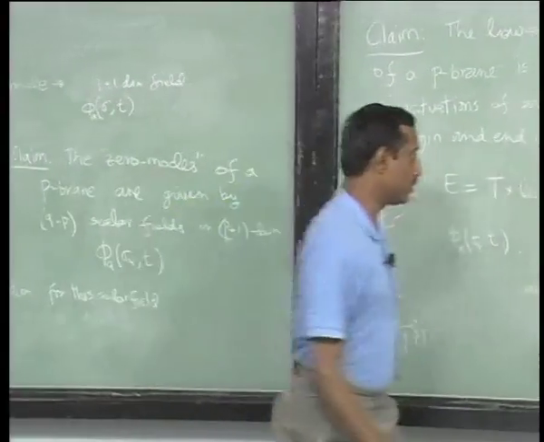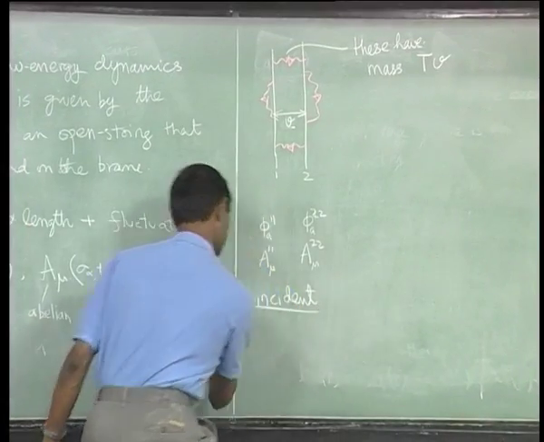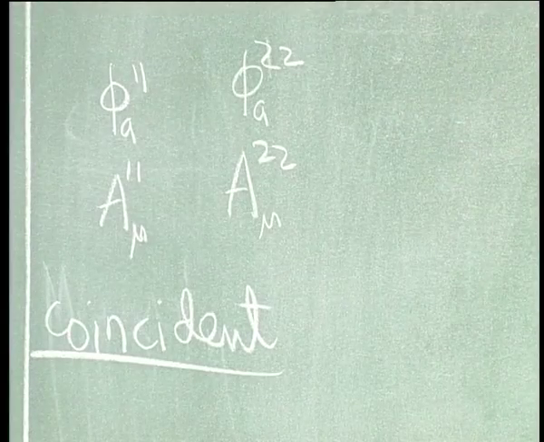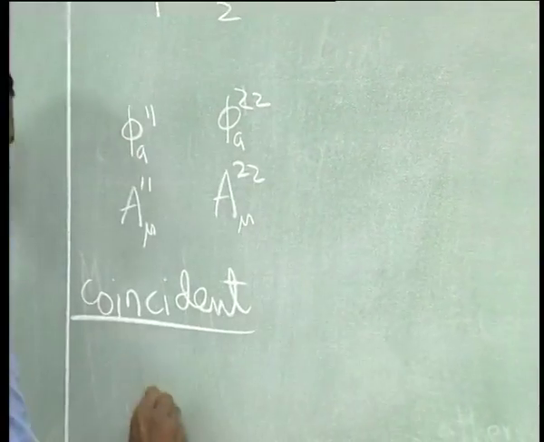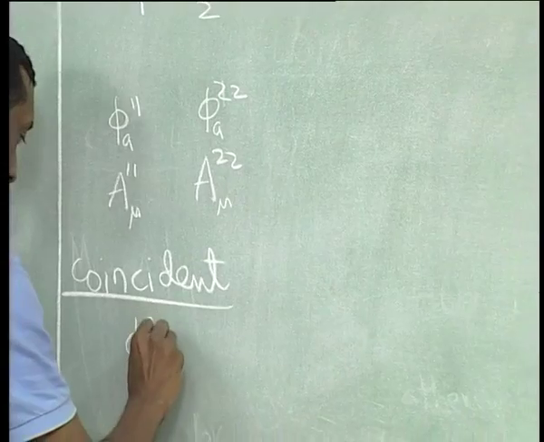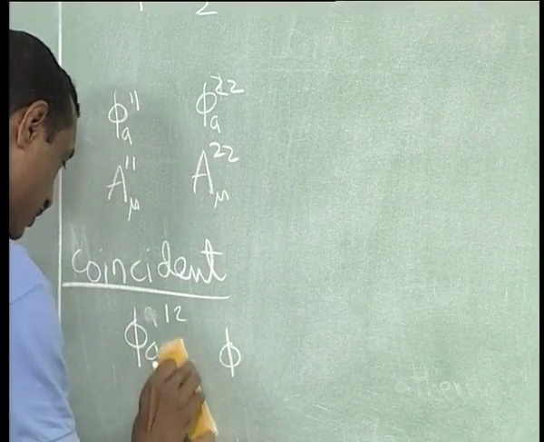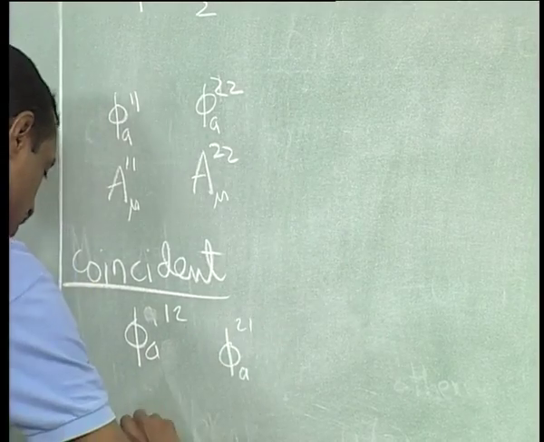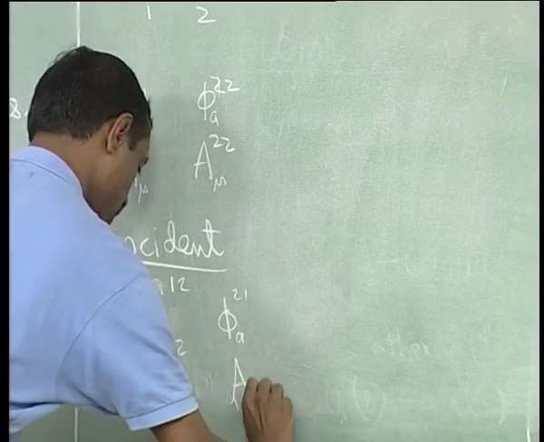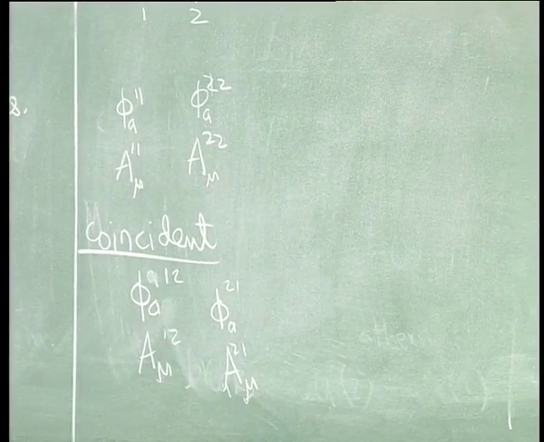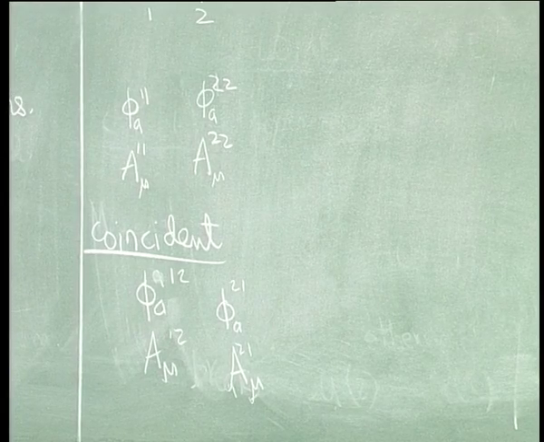But when they are coincident, you get extra guys, you start getting phi a 1 2, phi a 2 1, similarly a mu 1 2, a mu 2 1. They are all vector fields, but they have different labels going with them.